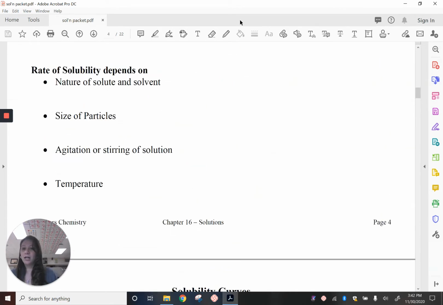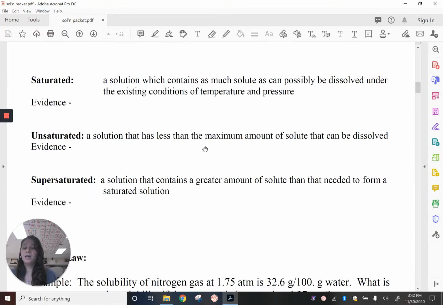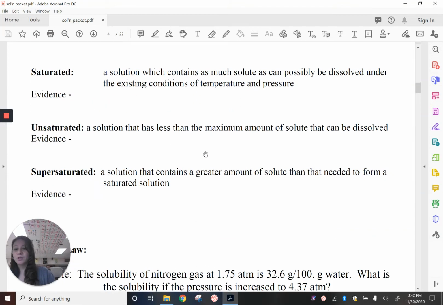Now, if it's saturated or not, how would we know? Well, if it already has the maximum amount, then when I add more solute crystals, they should not dissolve. They'll just sink to the bottom. That's how we can tell. Here I have a saturated solution, and it just looks like water, right? So I can't really tell if this is a saturated solution or not. So what do I do? I add one more crystal and see what happens.